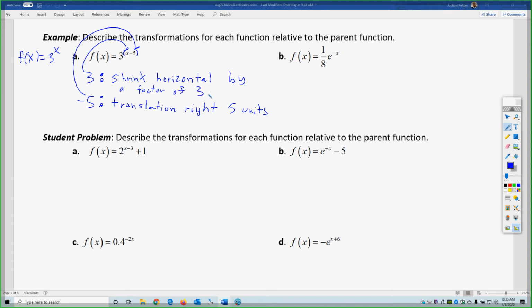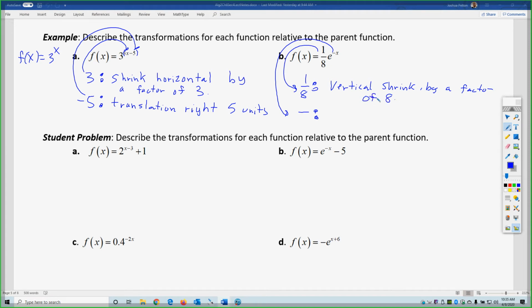All right. Next one, we have a 1/8 and we have a negative. The 1/8 is on the outside, so that affects y. So that's a vertical shrink by a factor of 8.